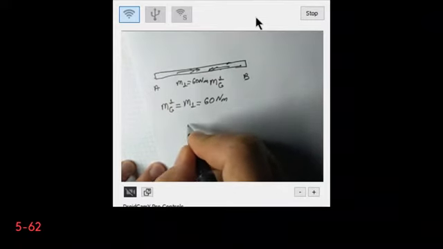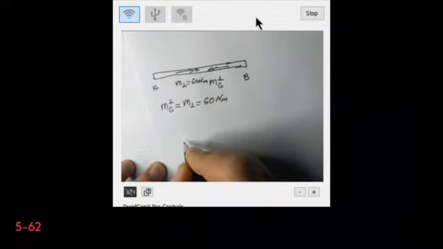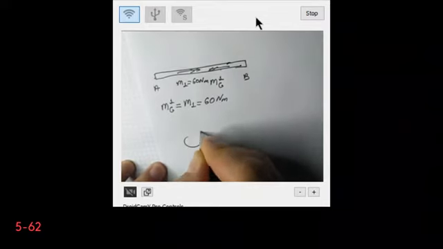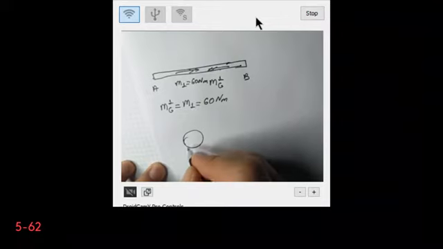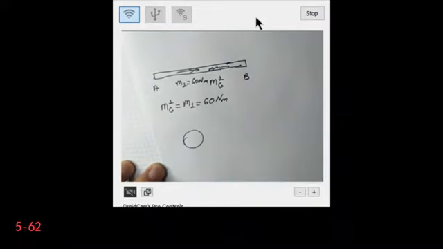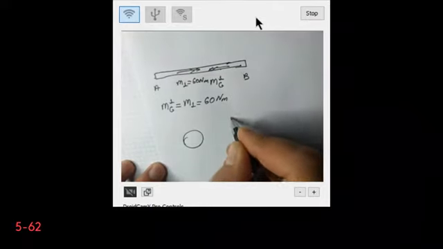Let's assume that I look at the system from B to A. Therefore, I have my small gear and I have my large gear here.